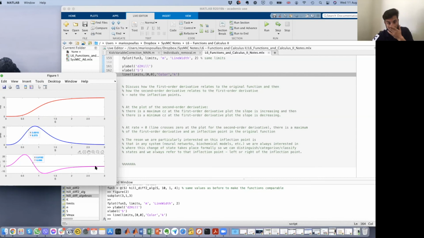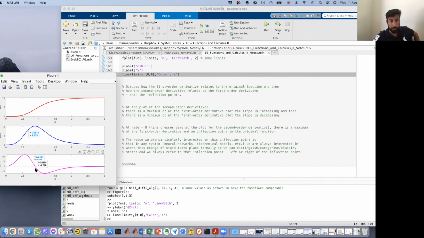So we can see that at rate equals 0, the magenta line crosses 0 in the plot for the second order derivative.